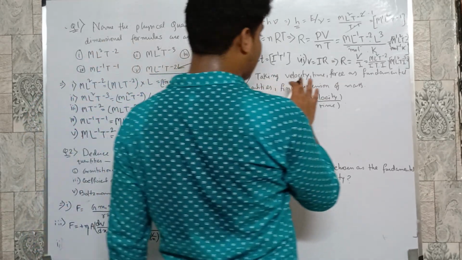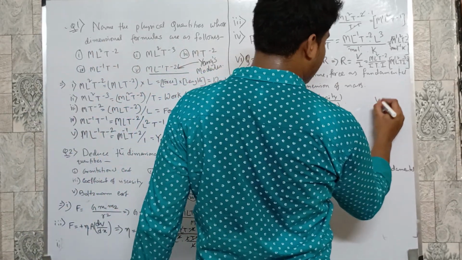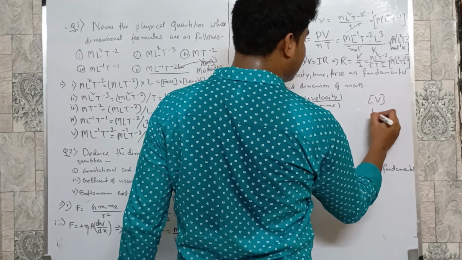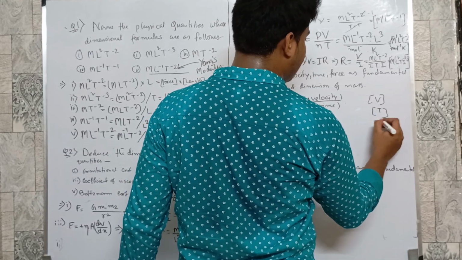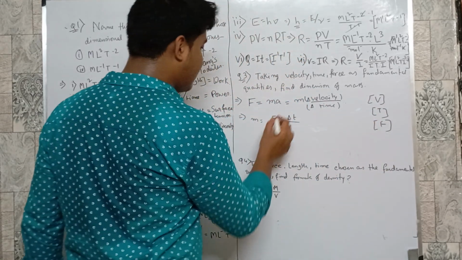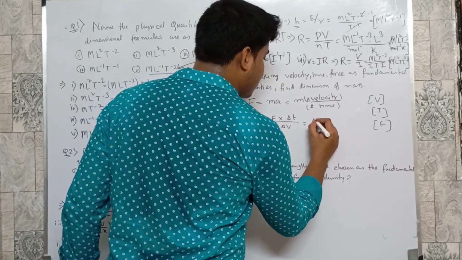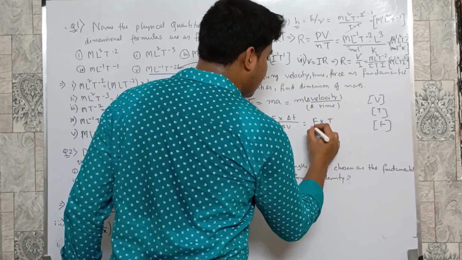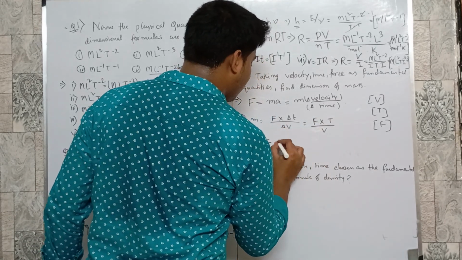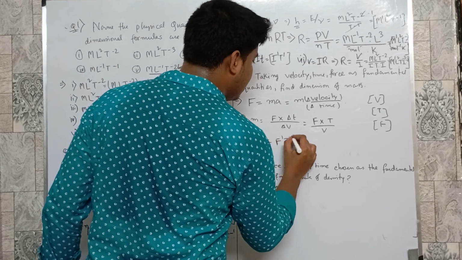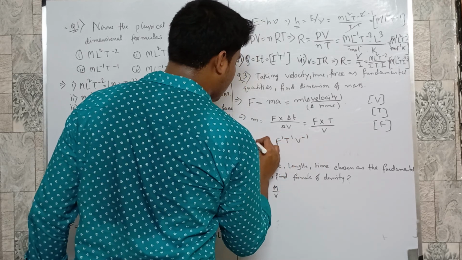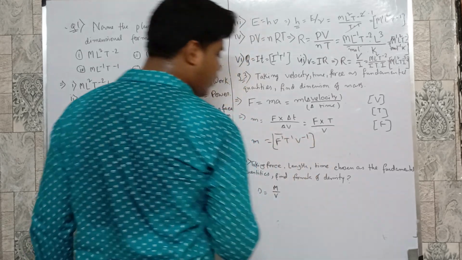Now take the dimension of velocity as v, time as t, and force as f. So it becomes f into t by v, which finally becomes f to the power 1, t to the power 1, v to the power minus 1. This is the dimension of mass in terms of these quantities.